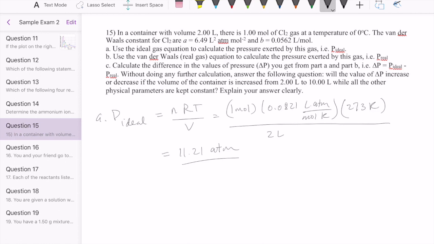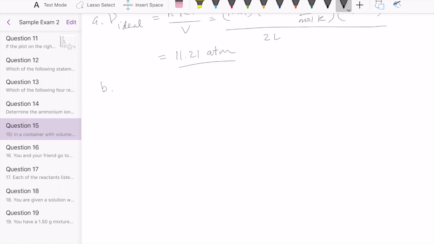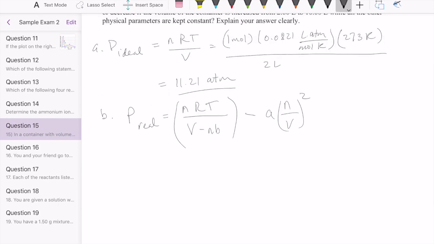So we have to use the real gas equation, or the van der Waals equation: P, in this case for the real gas, is going to equal nRT over, instead of just V, it's V minus nb, a component that takes into account the volume of the particles. And then the other thing we subtract from the pressure is a times n over V squared, which is a measure of the strength of intermolecular interaction that exists in the real gas that doesn't exist in the ideal condition.